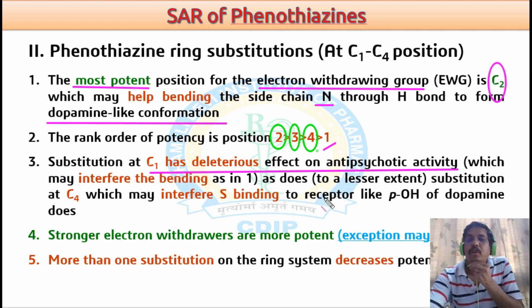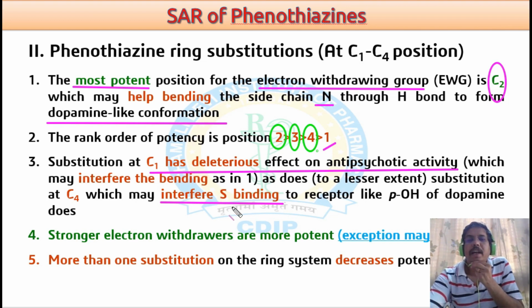means there is a possibility which may interfere with the bending of side chain, as well as if you look for the substitutions at 4 position, that is C4, which may interfere with the sulfur binding to the receptor.